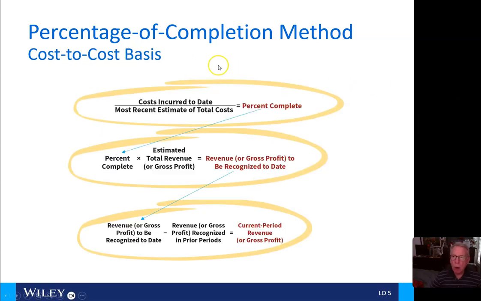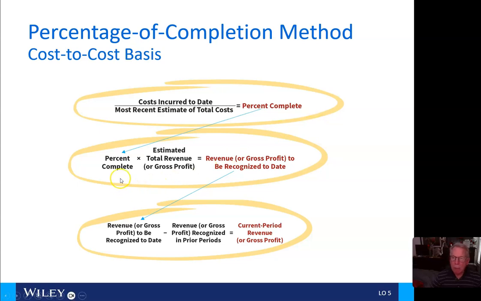Okay, so the percentage of completion method, a cost-to-cost basis here. Here, we're going to do a series of calculations. We'll take the costs incurred to date divided by the most recent estimate of the total costs, and that'll give us our percentage complete.